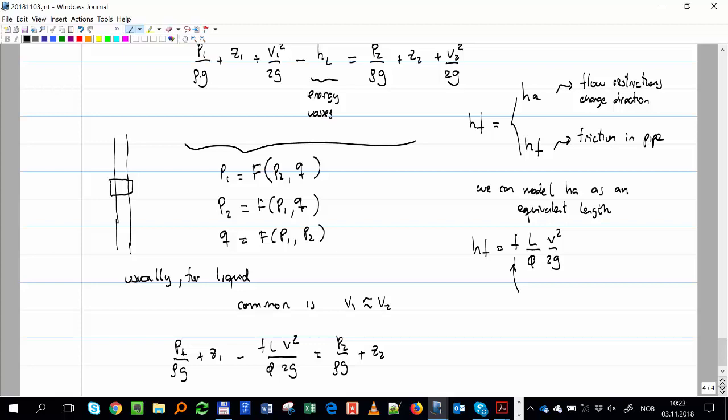And let's say we want to calculate the pressure available at the discharge of the pipe, which is P2. So let's clear P2.